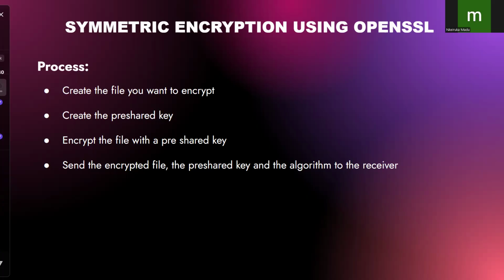So OpenSSL is a utility that we install on computers to help you with cryptographic activities like creating signatures, encryption, creating a pre-shared key, creating a private and public key, creating certificates, and all that. Like I said, organizations will rely on embedding these processes in an application so that they are automatically done.